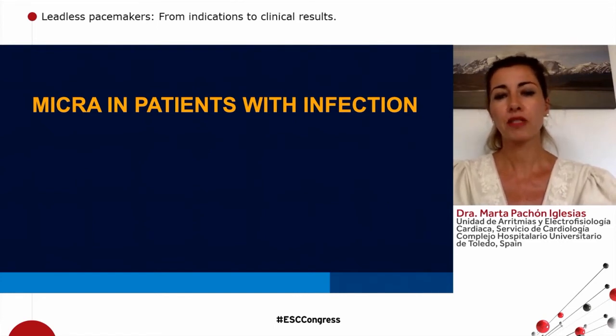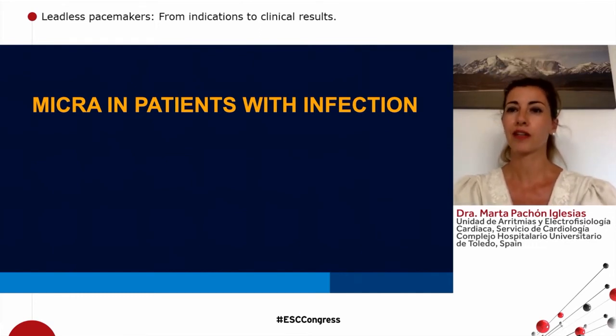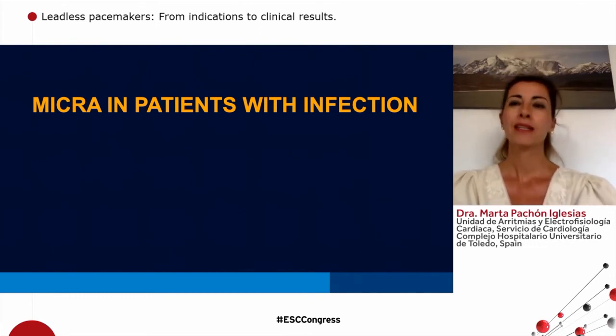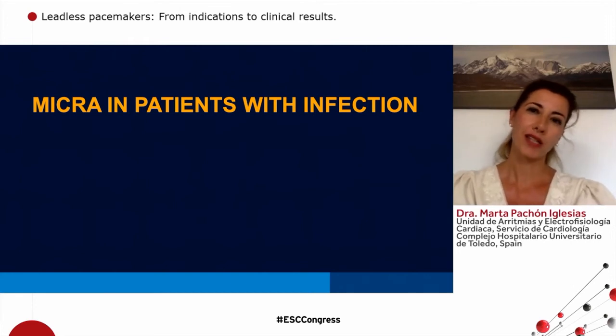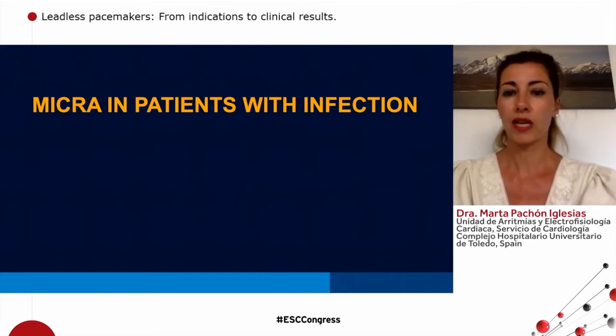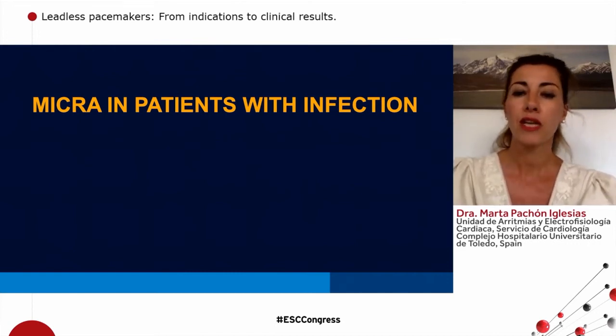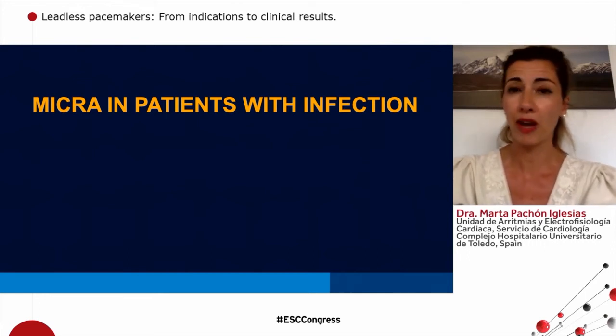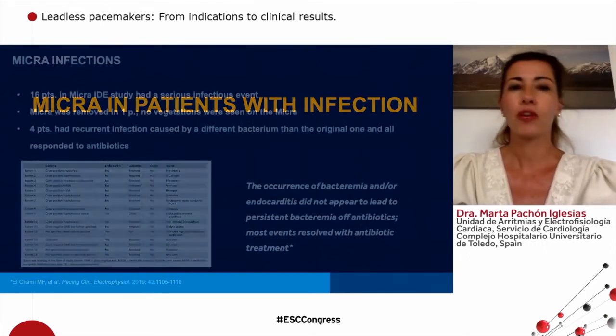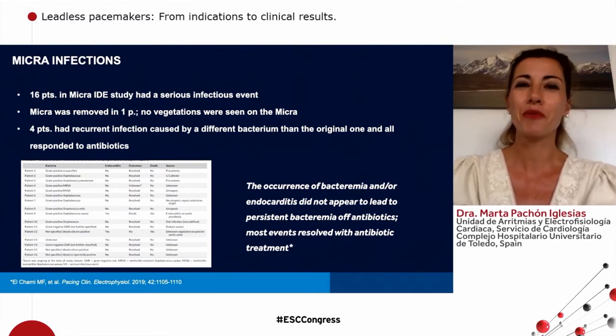This subgroup is those patients with a prior cardiac electronic device infection. When we think about Micra as an alternative to a conventional transvenous pacemaker in this subgroup of patients, it's because we think that the incidence of infection with Micra is lower, but we need evidence of that from the real world.